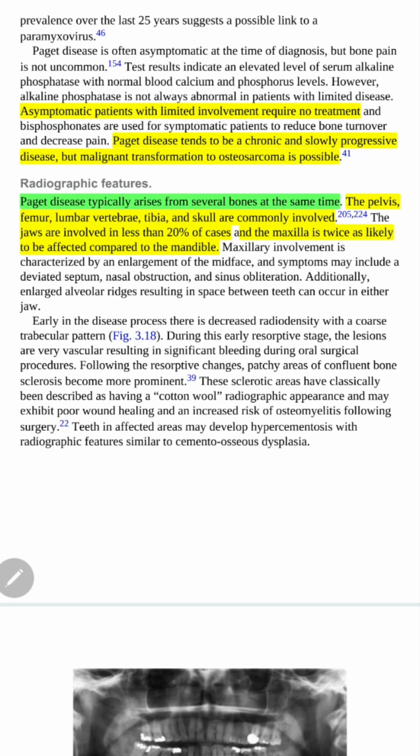When it is asymptomatic with limited involvement, it requires no treatment. It is usually associated with other bones in the body, like the pelvis, femur, lumbar vertebrae, and the skull. There are 20% of cases that involve the jaws as well.